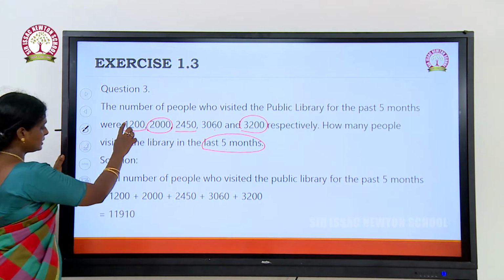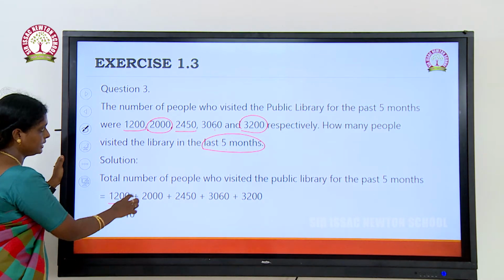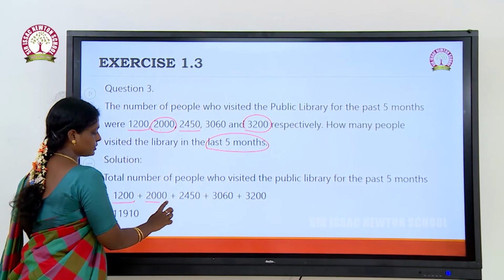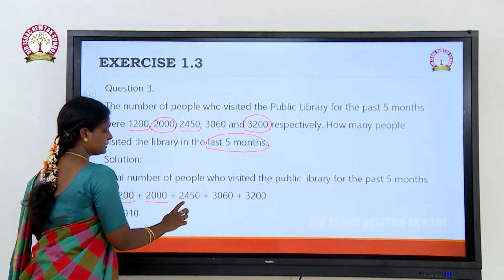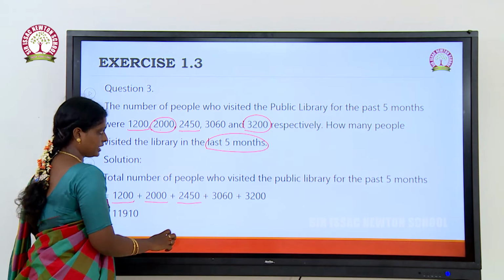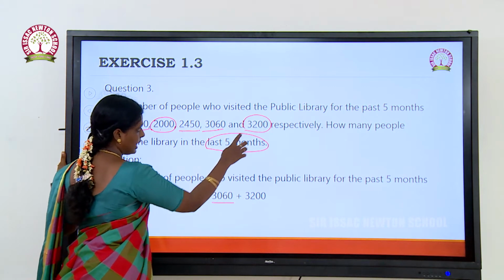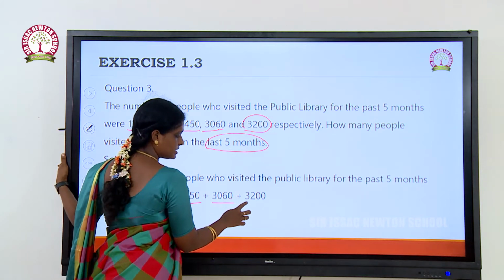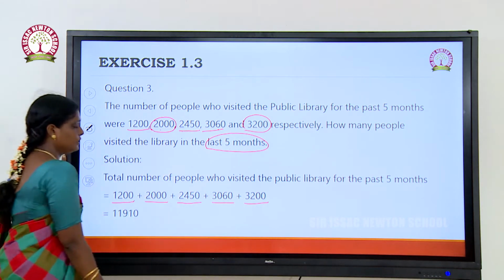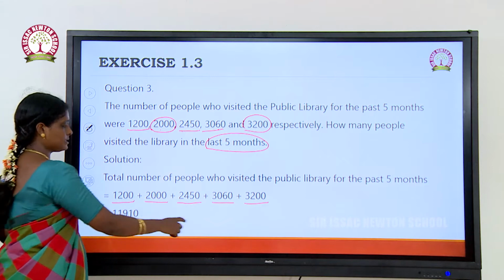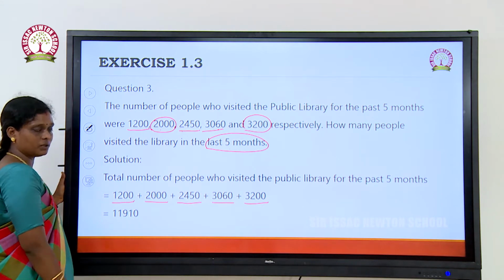In the first month it is 1200, in the second month it is 2000, in the third month it is 2450, in the fourth month it is 3060, and at last the fifth month, which is 3200. So you have to add all these numbers to find the total number of people.